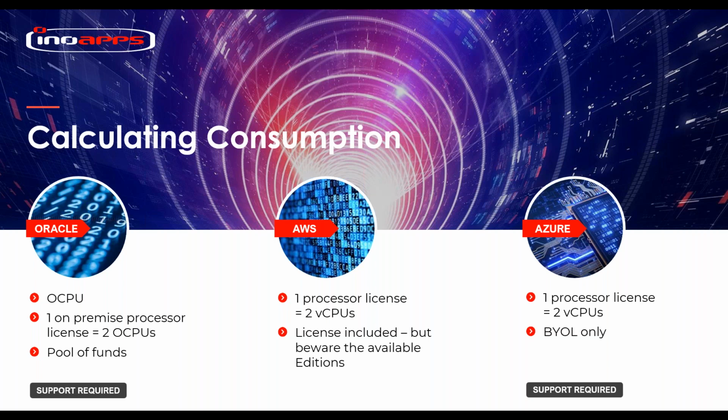The cons with bring your own licensing: you have a finite pool of licenses to consume from. Flex is only possible if you buy more, and you only have 100 days to complete the service migration. This model is also only applicable to platform as a service, not to infrastructure. If you have a EULA, you can, of course, use this to provision instances in the cloud.